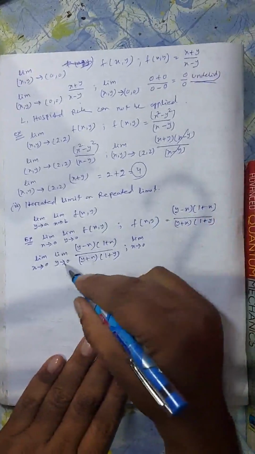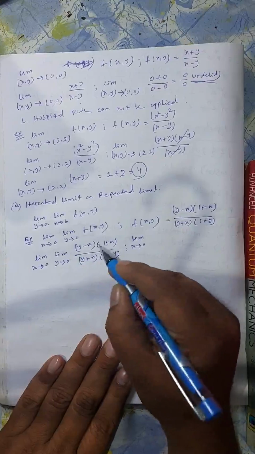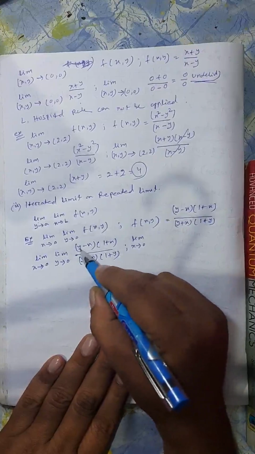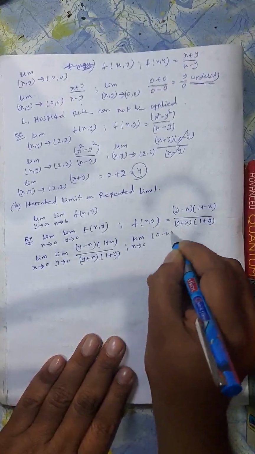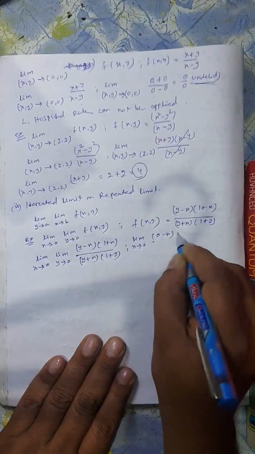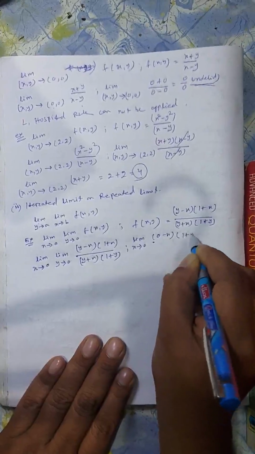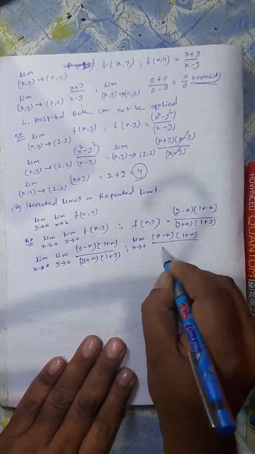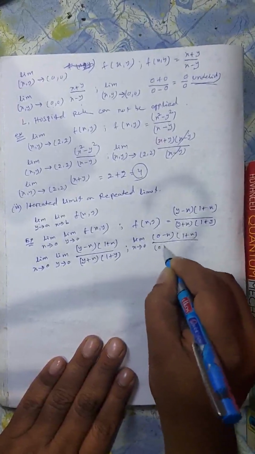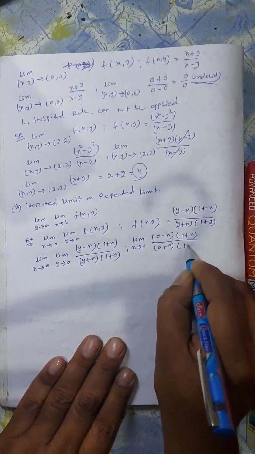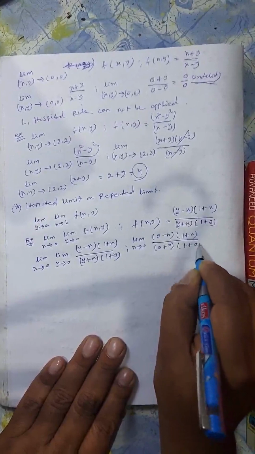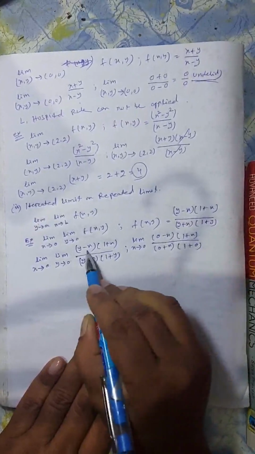In place of y, I write here 0. 0 minus x, 1 plus x divided by 0 plus x, 1 plus 0. Okay, only we put y is equal to 0.